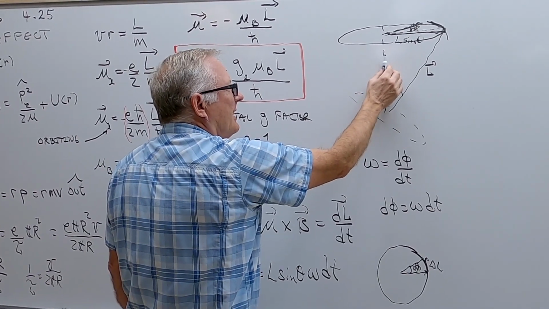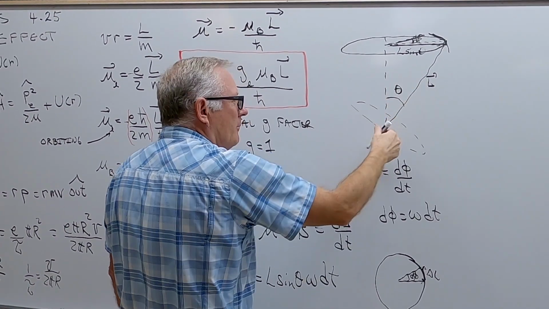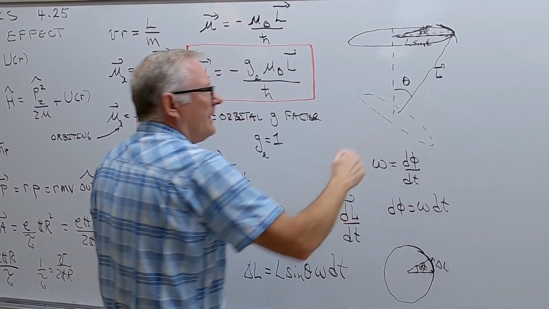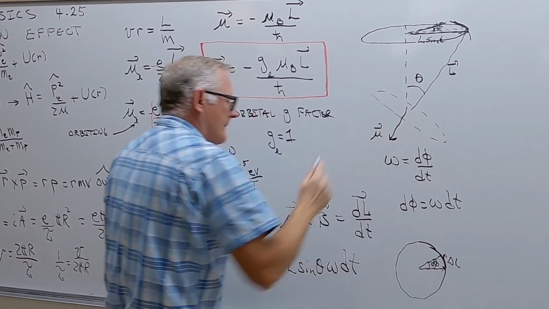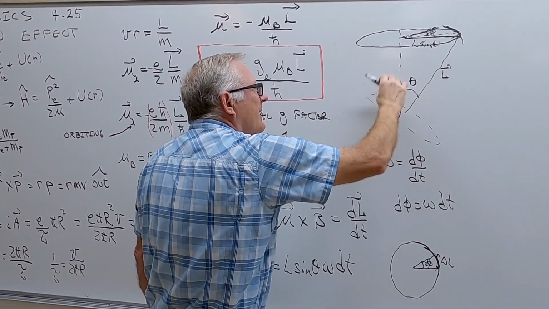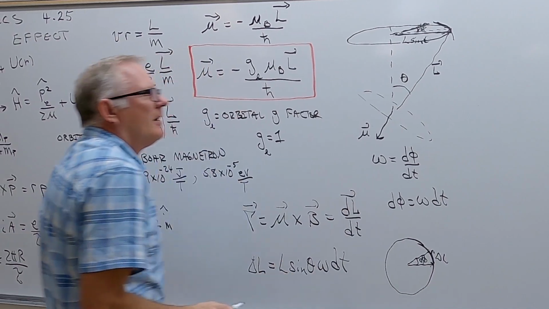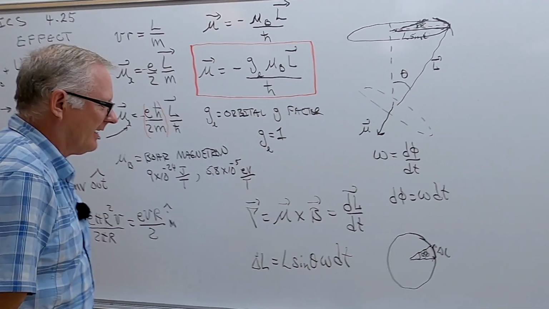Mu is here, B is up here, and the angle between them is 180 minus theta, but the sine of 180 minus theta and the sine of theta are the same thing.